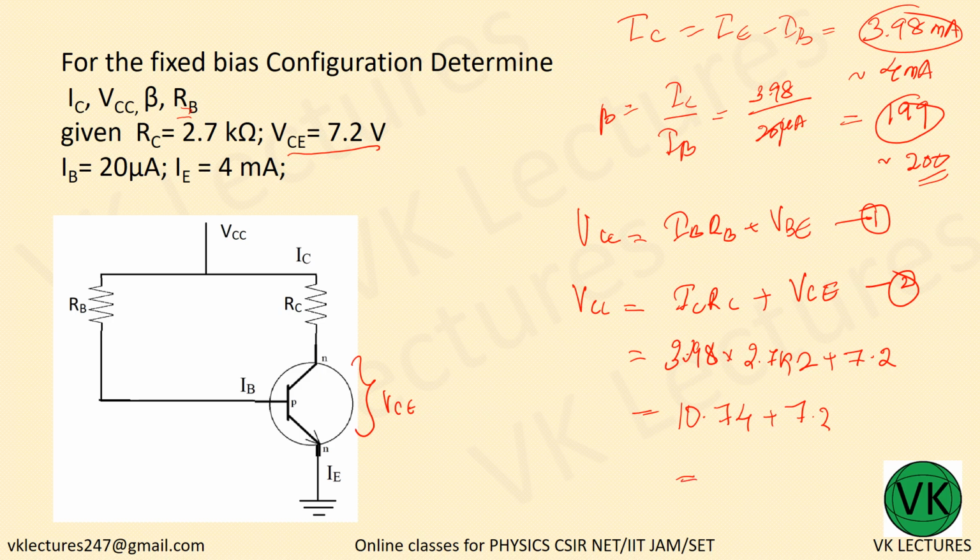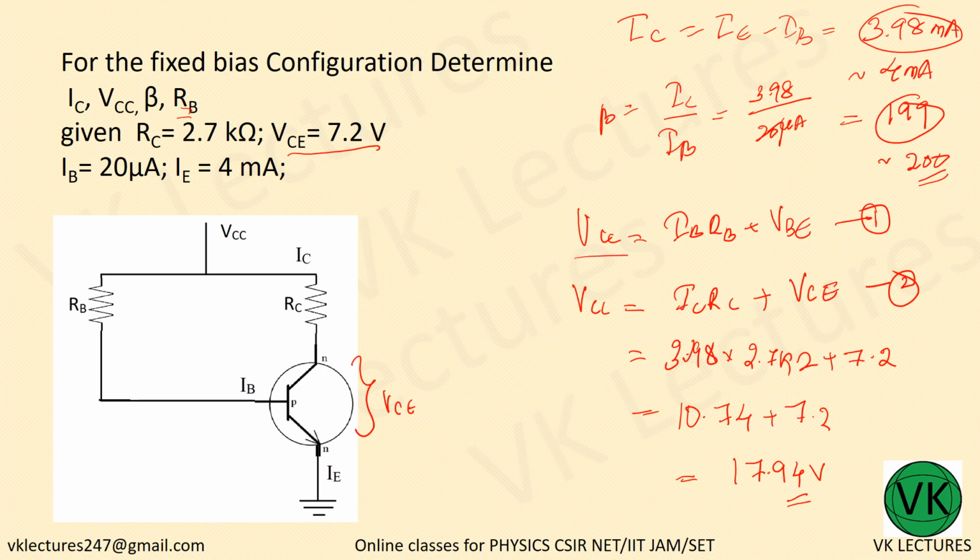So what is the value you are getting? 17.94. So this is 17.94 volt. Okay. If you would have taken 4 milliampere current instead of 3.98, this would be around 18 volt. Okay. Now leave that. So we got VCC.